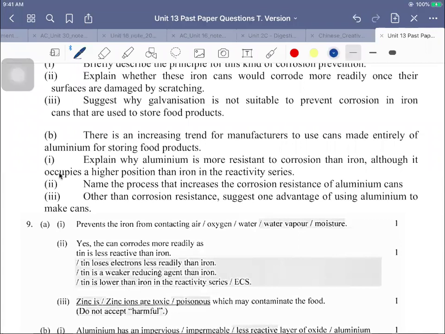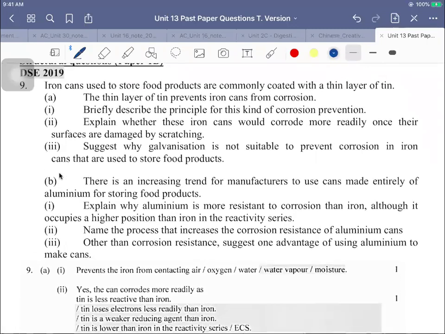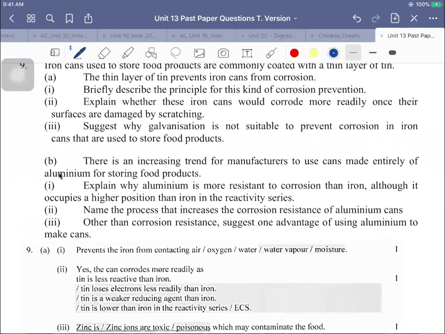The second one: explain whether these iron cans will corrode more readily once their surface is damaged by scratching. A lot of you mentioned that yes, it will corrode more readily because the iron can now get into contact with oxygen and water. But that's not the main reason. Remember there is a thin layer of tin covering the surface, and you need to mention that tin is a less reactive metal.